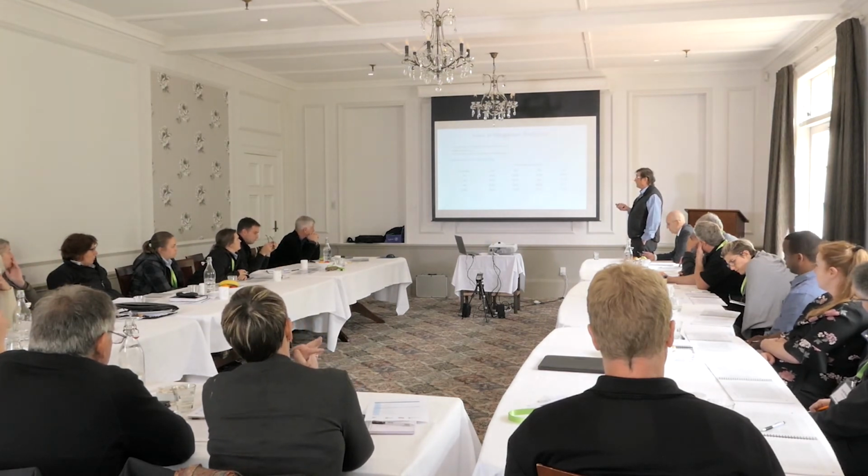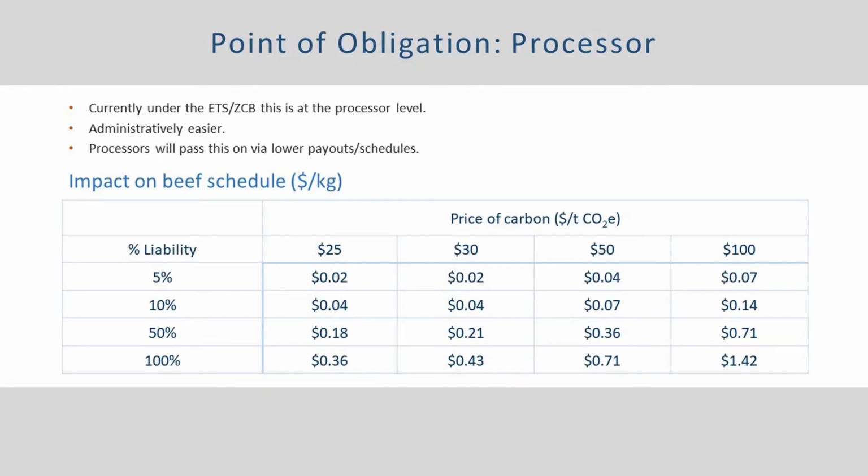And then just to give you an indication of how that would work, what we've got here, this is for beef. So that's the price of carbon, and that's the percent liability. Now, at the moment, as we've talked about, the price of carbon is $25 and capped through to June next year. As of about 10 o'clock this morning, it was actually $24.82, but anyhow, let's call it 25.